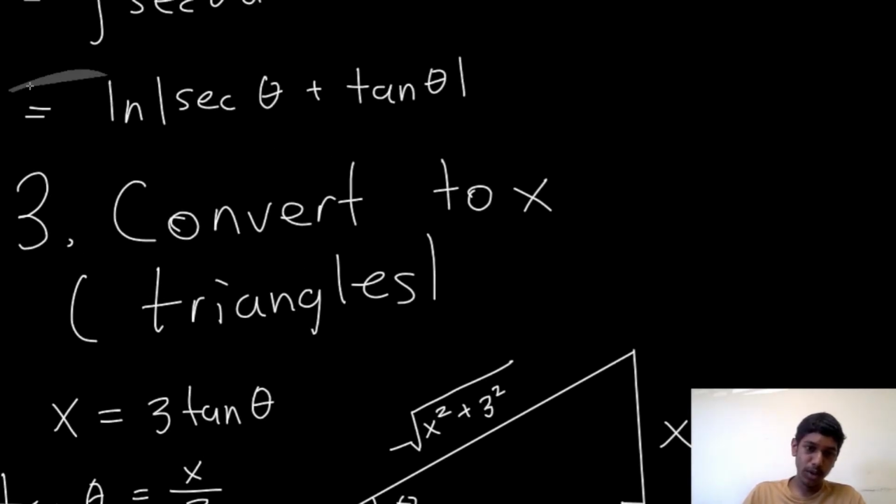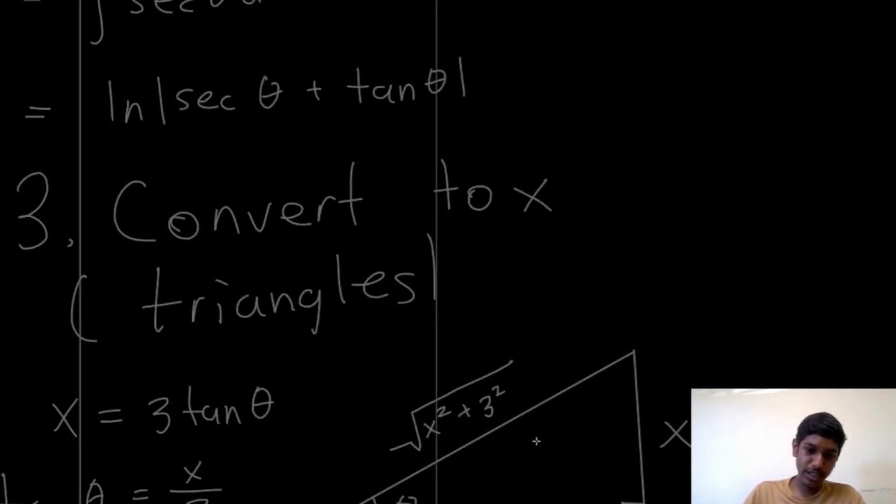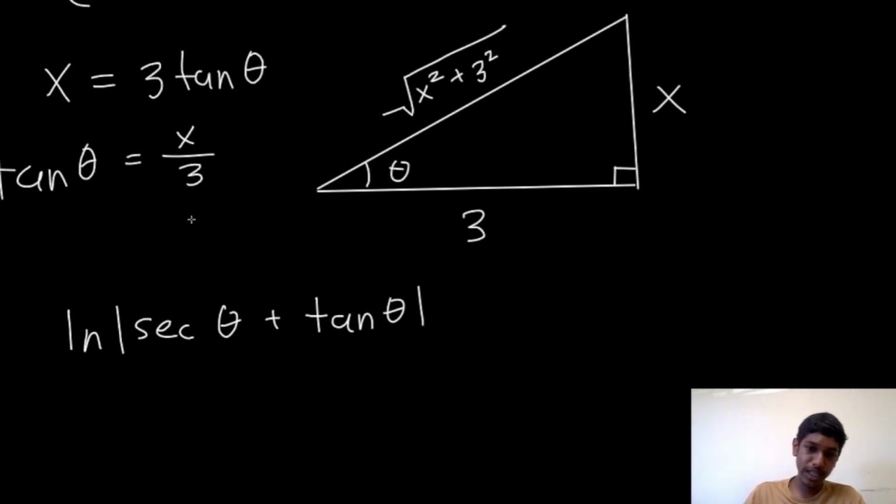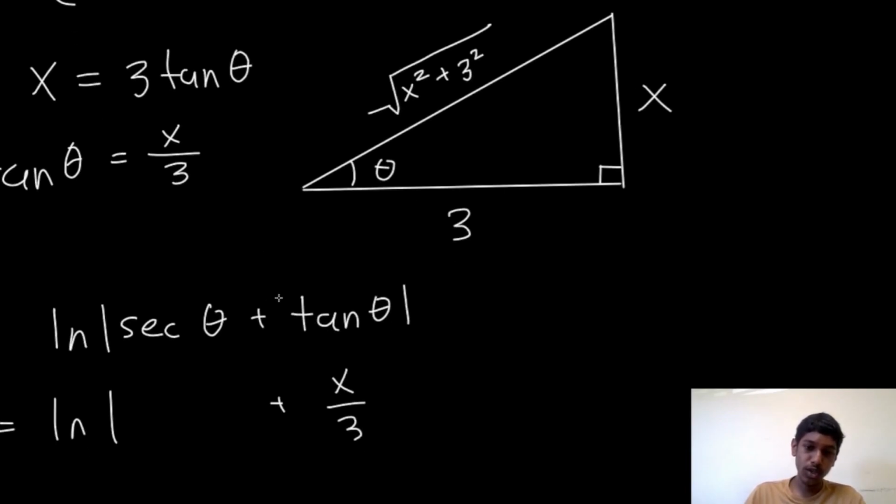So we want that in terms of x, right? ln secant plus tangent theta. We already know that tangent theta is x over 3. So this is going to be ln something plus x over 3. Now the secant theta is what we drew the triangle for. So we know that secant theta is equal to 1 over cosine theta.